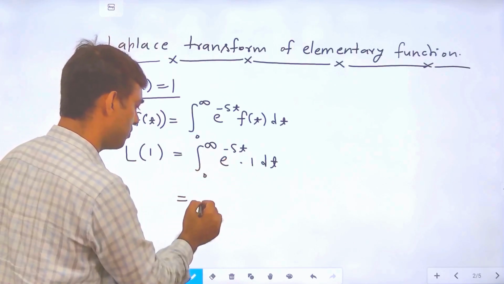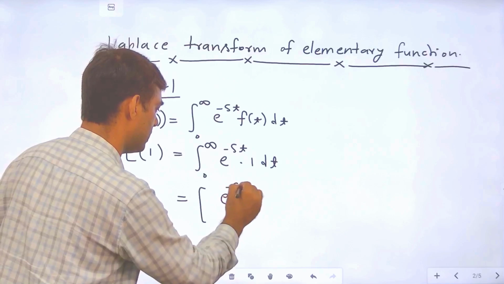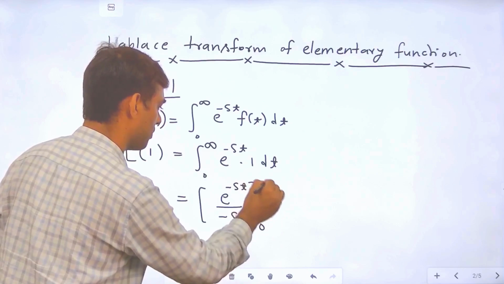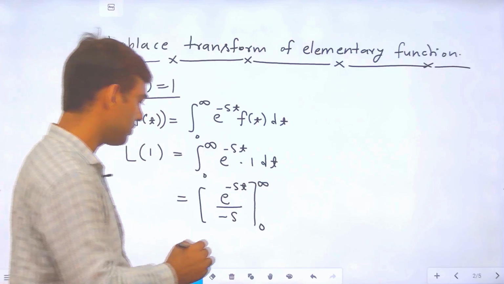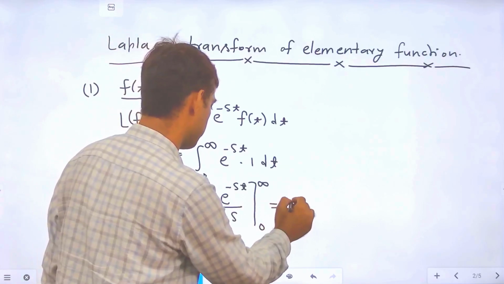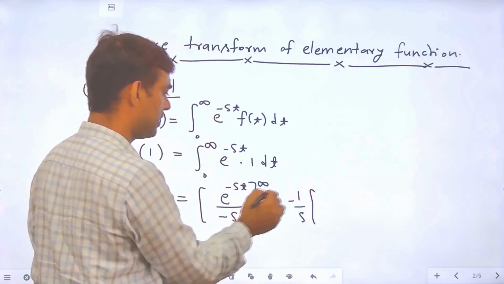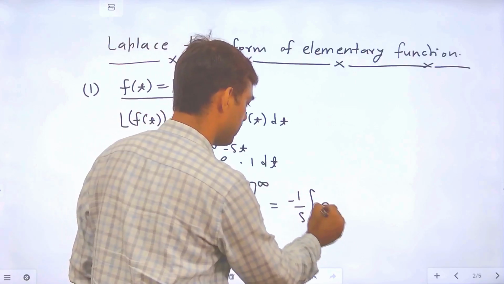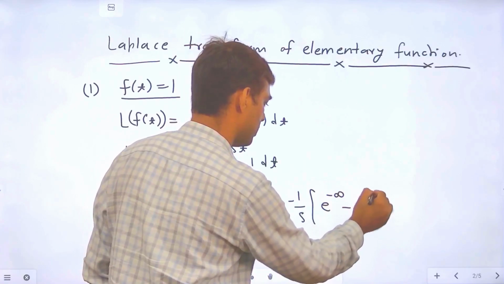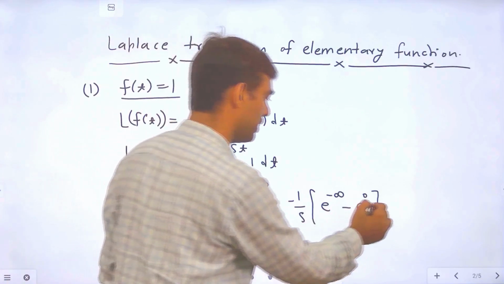If we find the integration of e to the power minus st, as we know, the integration of e to the power minus st is e to the power minus st divided by minus s, with lower limit 0 and upper limit infinity. s is not a variable, so it comes outside: minus 1 upon s, times e to the power minus st. If we put in the limits, this becomes e to the power minus infinity minus e to the power 0, and e to the power minus infinity is 0.